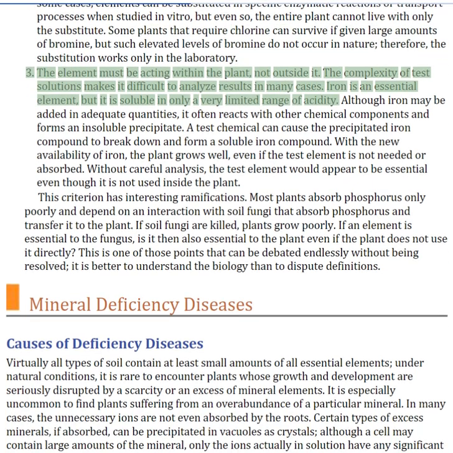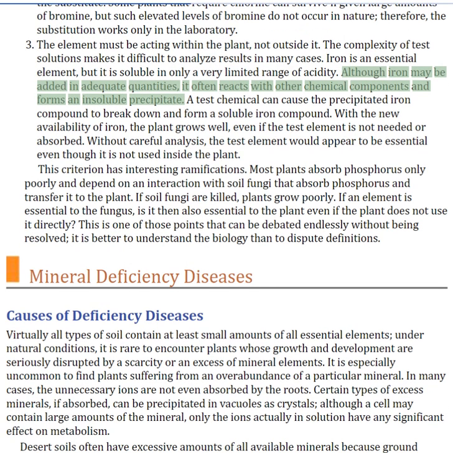3. The element must be acting within the plant, not outside it. The complexity of test solutions makes it difficult to analyze results in many cases. Iron is an essential element, but it is soluble in only a very limited range of acidity. Although iron may be added in adequate quantities, it often reacts with other chemical components and forms an insoluble precipitate.